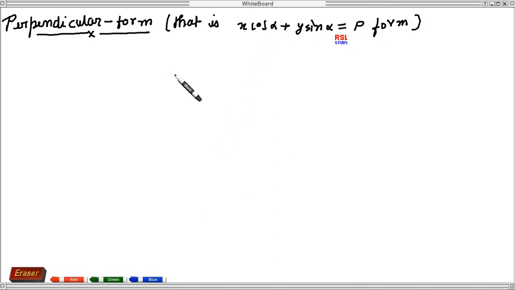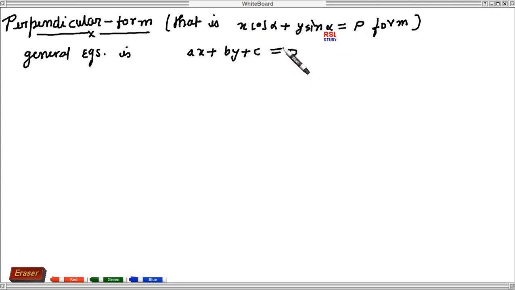The general equation is ax plus by plus c. Now we have to convert this general equation into this form, which is called perpendicular form.